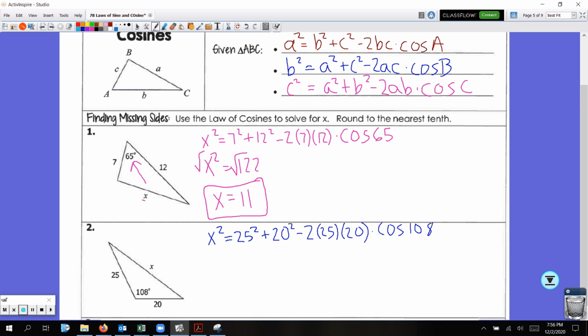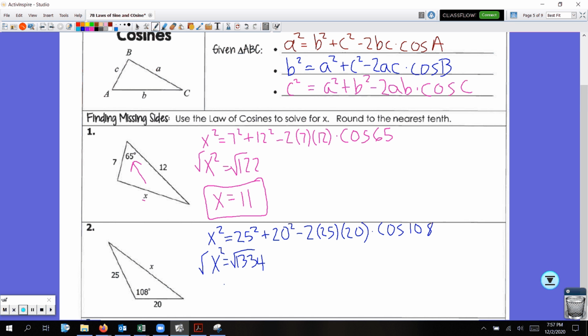I get 25 squared plus 20 squared minus 2 times 25 times 20 times cosine of 108. Rounding to the nearest tenth, I get 1,334. Oh, x squared equals that.